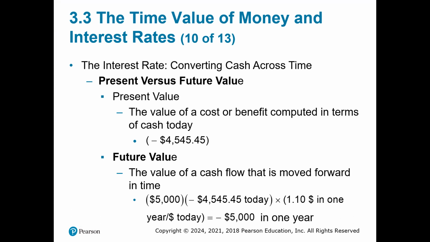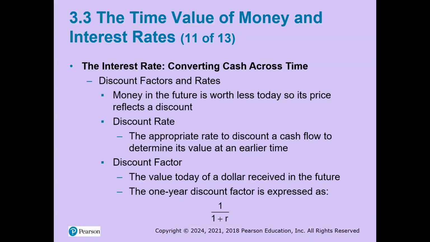The future value, which is the value of a cash flow that is moved forward in time, you have the negative $4,545.45 today times $1.10 in 1 year divided by dollars today, which will equal a negative $5,000 in 1 year.